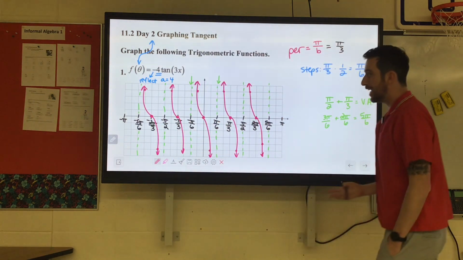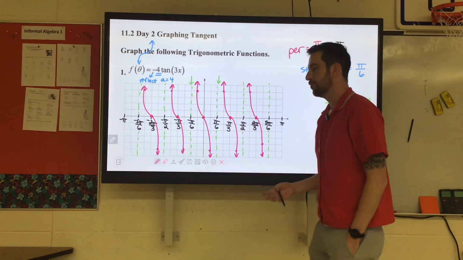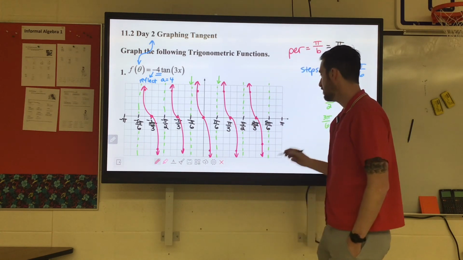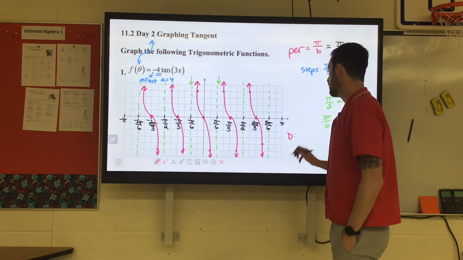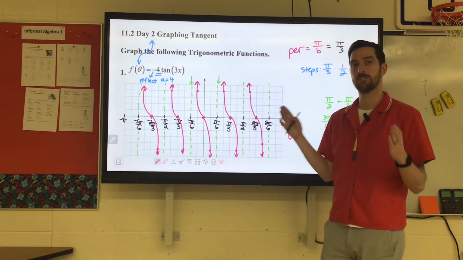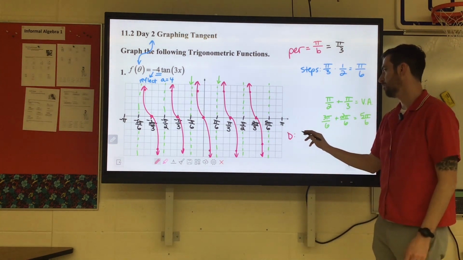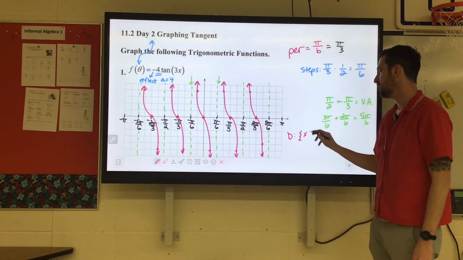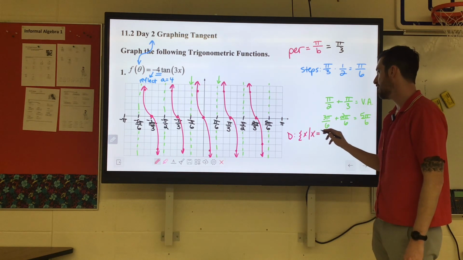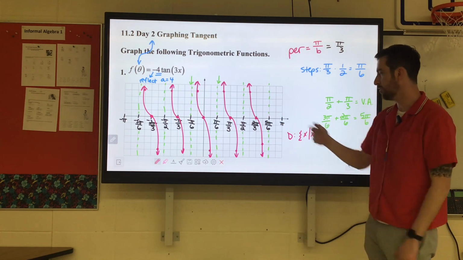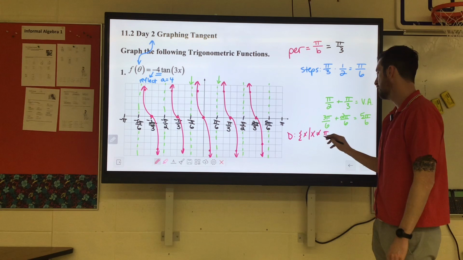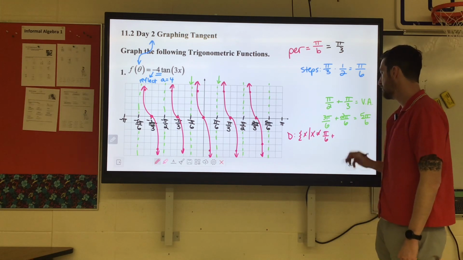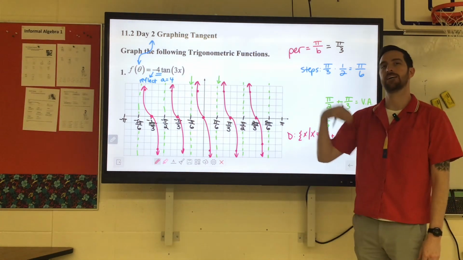I don't see it asking for domain and range, but again, we could do that. Domain is left and right. It's basically everything except for those asymptotes. So the way we can write that is x such that x does not equal, you pick any asymptote, I see one at pi over 6, plus k times a period.